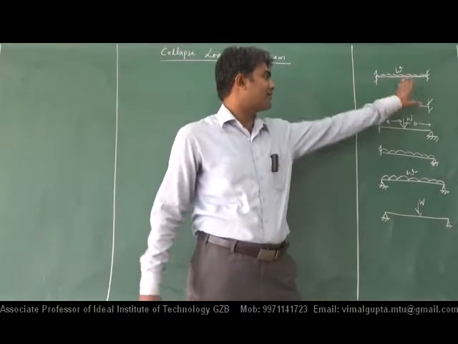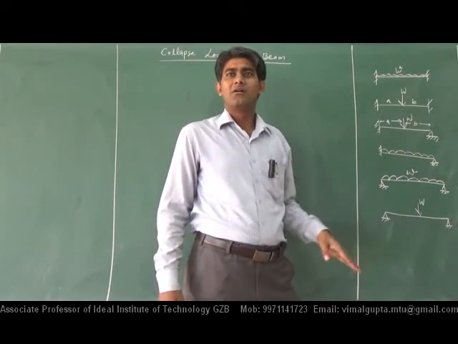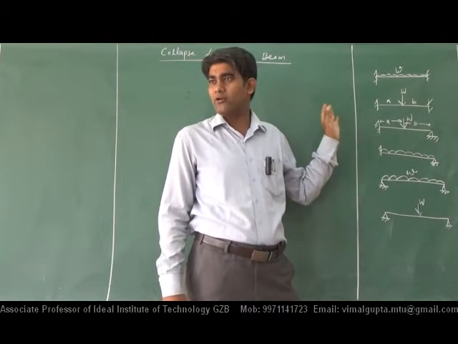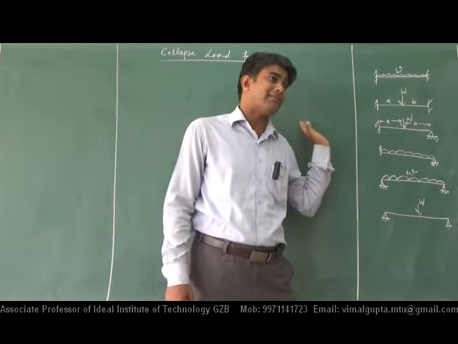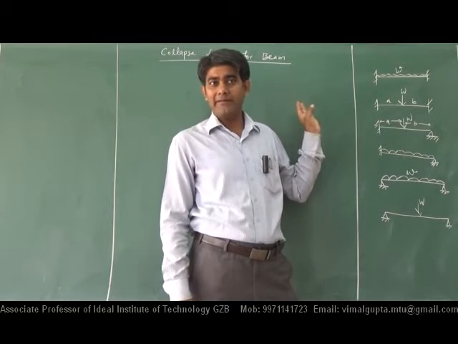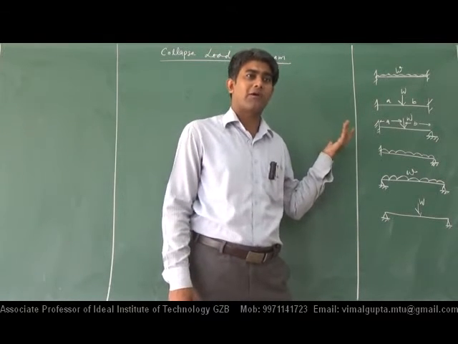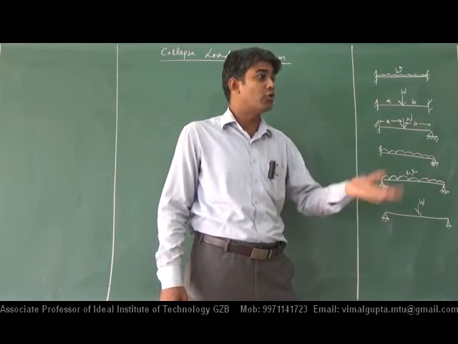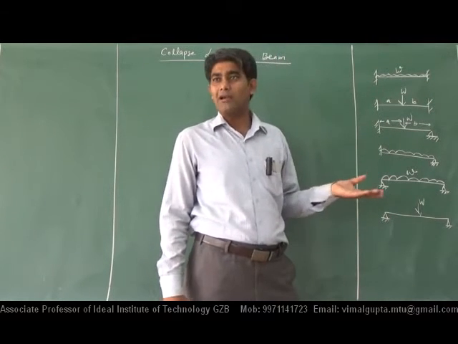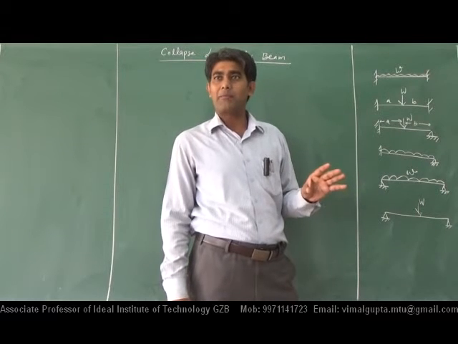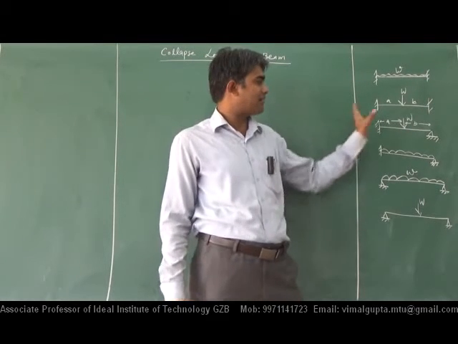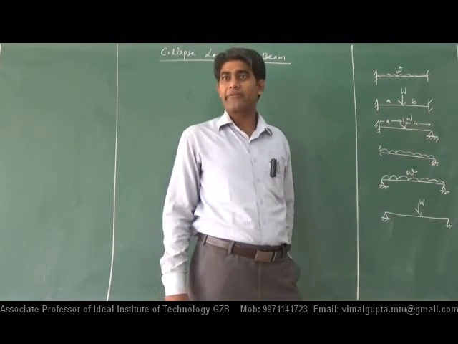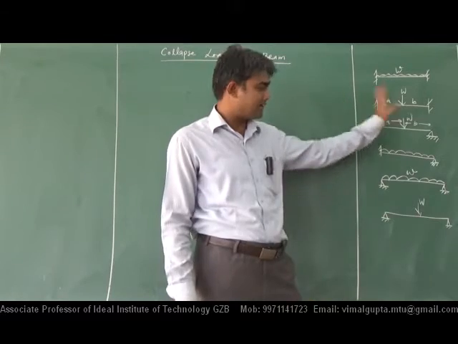So I will not discuss that, because if we are calculating the collapse load using kinematic method, then external work done is required. The calculation of external work done: force multiplied by the covered area, if it is UDL or UVL. If it is point load, then simply ordinate multiplied by the force. So it is not a problem if the load is changing. I am not concentrating on that.